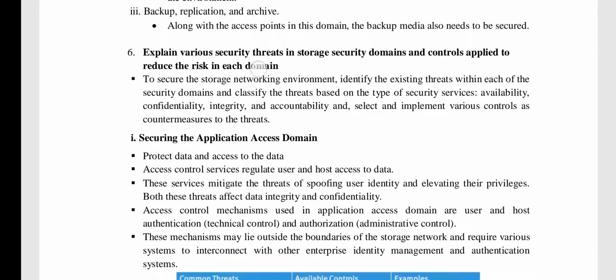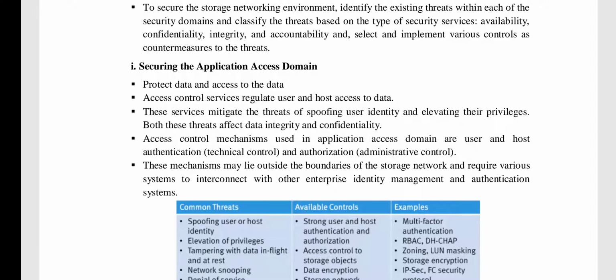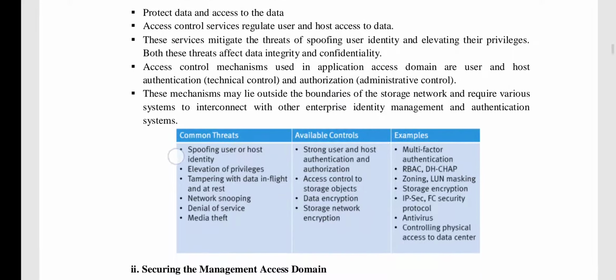Next, explain the various security threats in storage security domains and controls which are applied to reduce the risk. So we are just going into the detail of the previous question. Okay, so how the common threats and available controls are given at each domain. Okay, so the first one was application access domain. So in short, you have the common threats there, that is spoofing the user or host identity, that is saying I am another person.